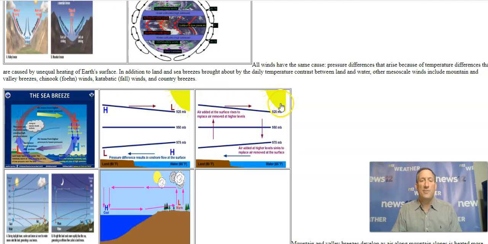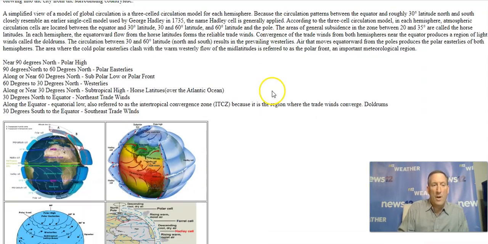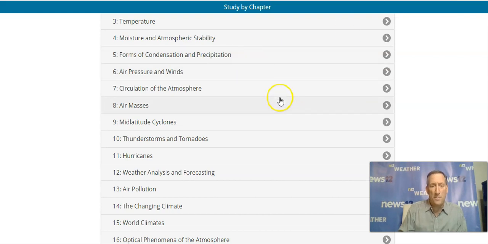All right, so in chapter 7, we're constantly watching air moving, the circulation of the atmosphere. You can see the different diagrams here of that sea breeze. One of the things I want to look at is the global perspective, what's happening around the globe. This is one of the diagrams, and as you take a look at your study by chapter, you will also see this as well. This is from your Pearson.